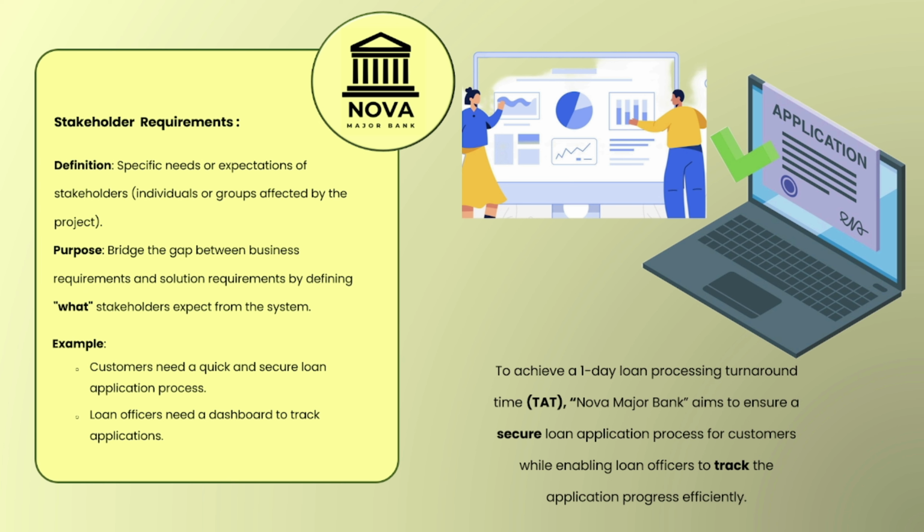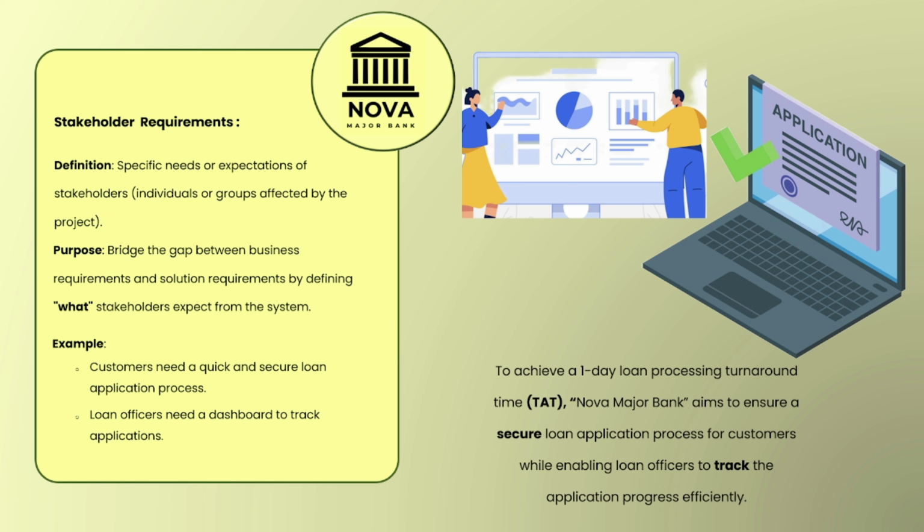In the previous requirement we saw why the project is initiated. Now in the stakeholder requirement, the business analyst goes to each and every stakeholder, collects their needs and documents them in the form of stakeholder requirements, and now we come to know what needs to be done to achieve the business requirement. Let's see the example.